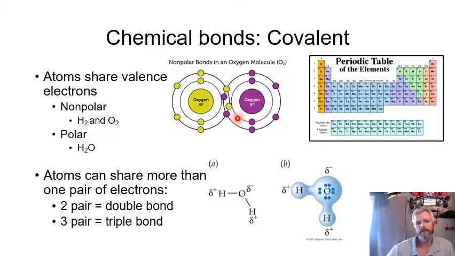Okay, we'll talk about nonpolar and polar. In this instance, these oxygens have the same electronegativity. They both want it the same amount. Therefore, these electrons will be shared equally.